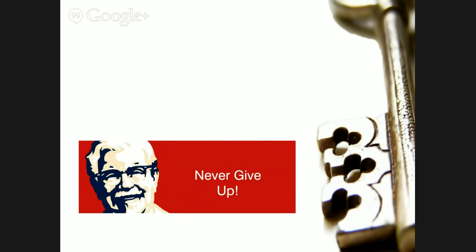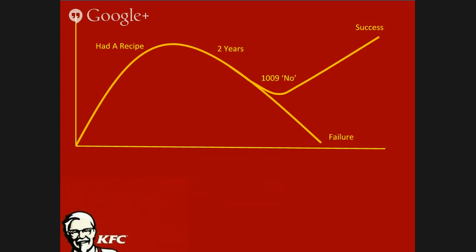And this guy here, I'm sure you'll all recognise KFC, Colonel Sanders. And this little curve and graph here is quite common within the networking world, quite common in business, in fact. Colonel Sanders had a recipe, and it went out for 2 years to try and get a restaurant to take his recipe, and he had 1,009 restaurants say no to him in the space of 2 years.